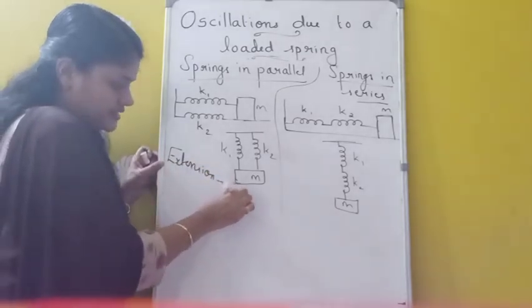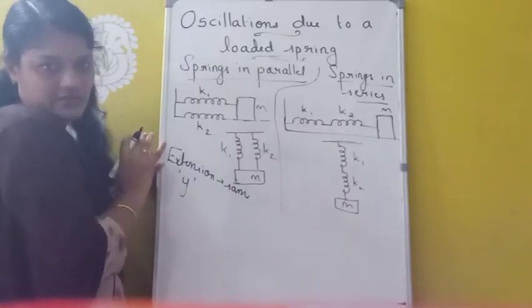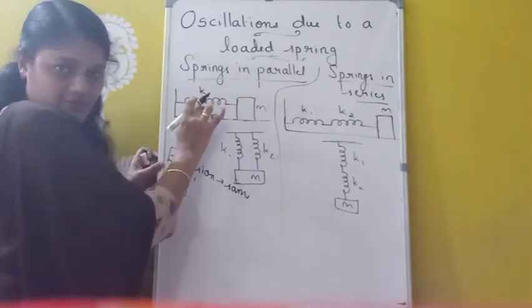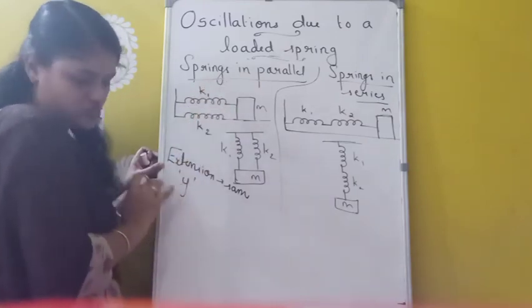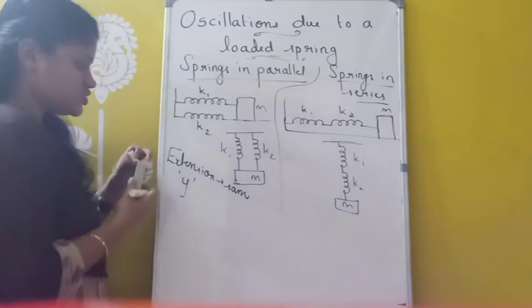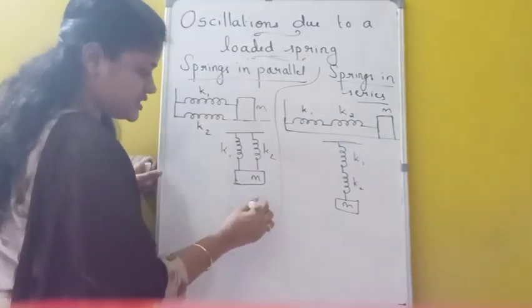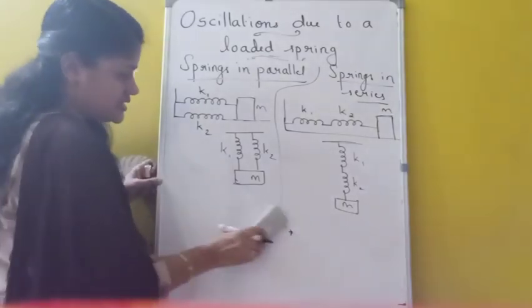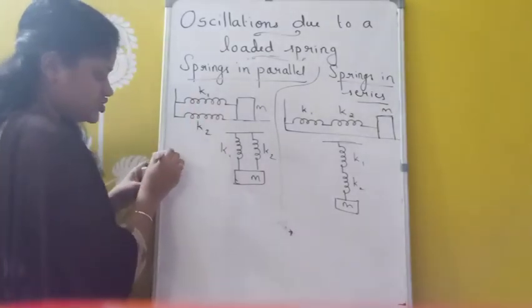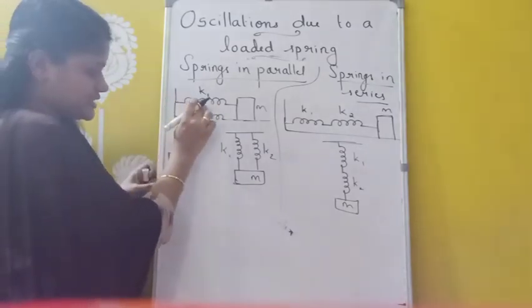Suppose we are taking Y as the extension of both the springs. So both the springs having spring constants K1 and K2 have the same extension, Y. That means how will you write the restoring force acting on the spring? The formula for restoring force is F equal to minus Kx, that we know. For the first spring, the restoring force is taken as F1.